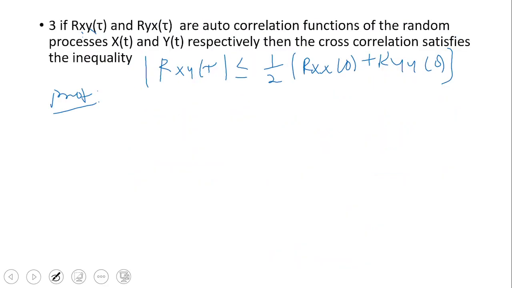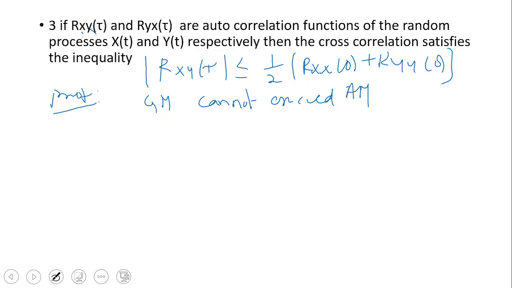Okay, so the geometric mean of any two positive numbers cannot exceed their arithmetic mean.